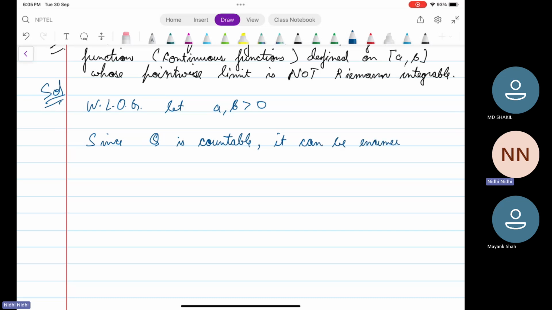This implies the closed interval [a, b] intersection Q, if I take out the rationals in the closed interval [a, b], then this subset of Q is also countable and hence can be enumerated.